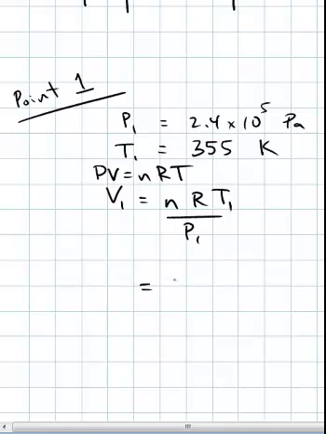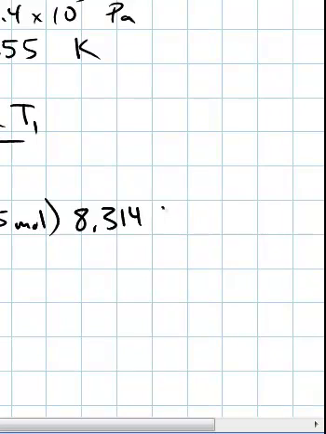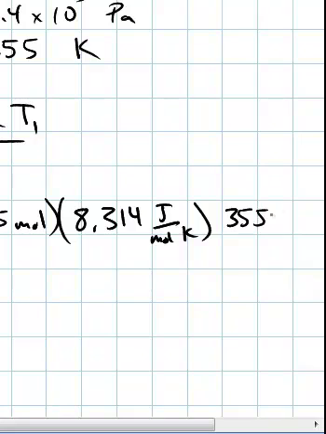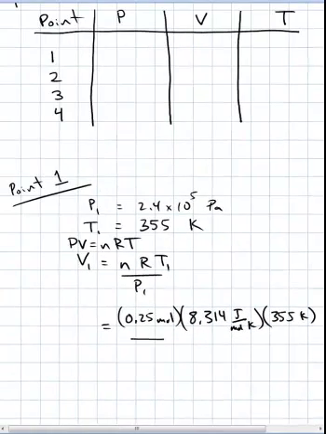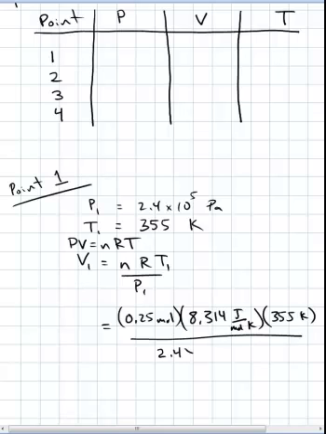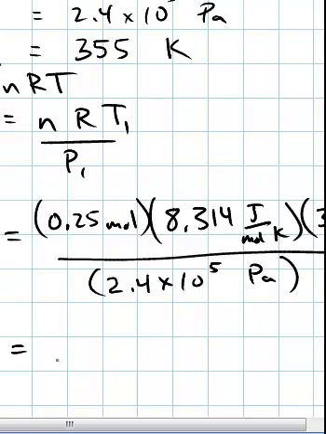And let's plug in here. n is 1/4 of a mole, 0.25 moles. R is our universal constant, 8.314 joules per mole Kelvin. Temperature has to be in Kelvin, pressure in pascals, and that gives us our volume in cubic meters.